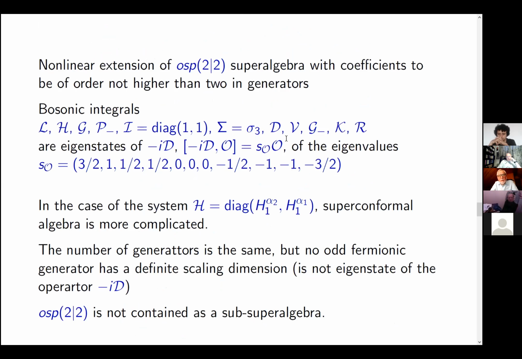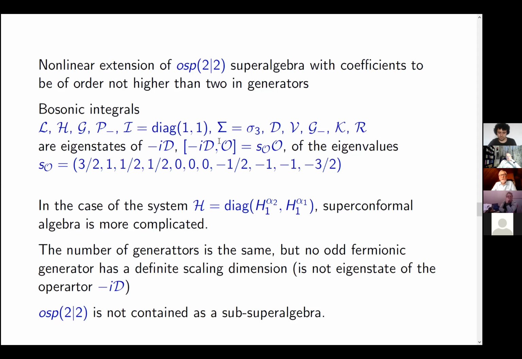And the set of odd integrals also will be extended. And the peculiarity in the case of the shown first superextended system is that for such a system, we have the same number of even and odd generators of the corresponding superalgebra. And a peculiarity in that case is that all the bosonic and fermionic integrals are eigenstates of the dilatation operator multiplied by minus i with certain eigenvalues.